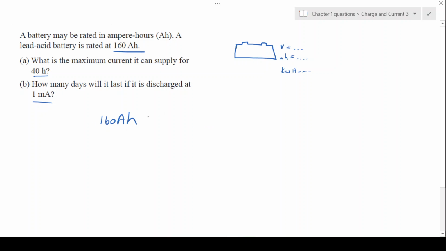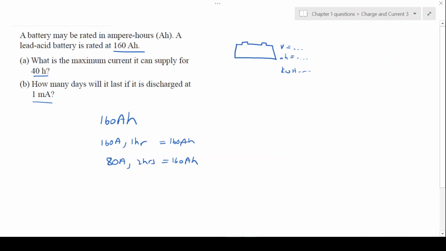So for example, if you decided to draw the maximum current, which is 160 amps, then you can only do that for 1 hour, so that you have a total of current times time, which will be 160 amp hours. And likewise, if you decided to draw half of that, 80 amps, you can draw that for 2 hours to get to the 160 amp hours.